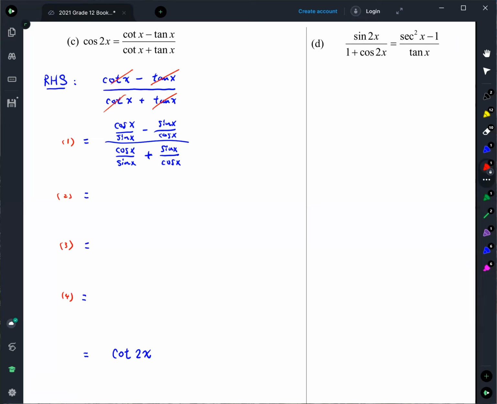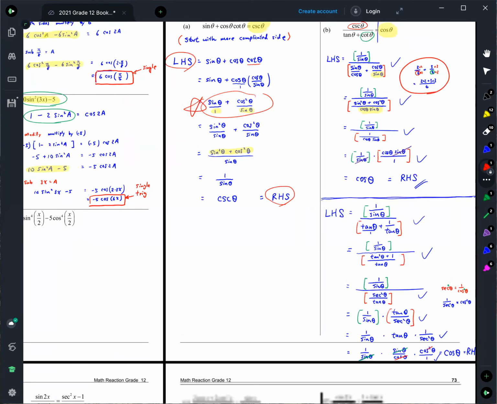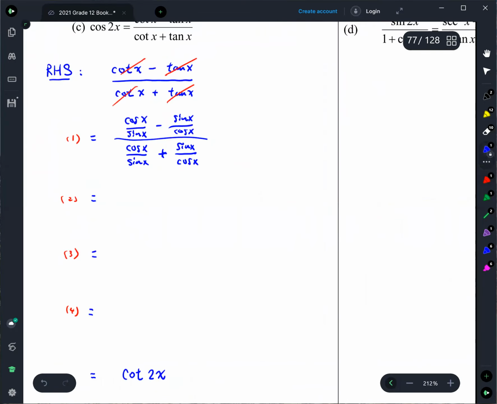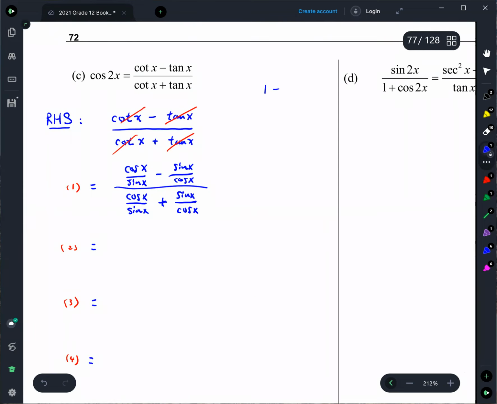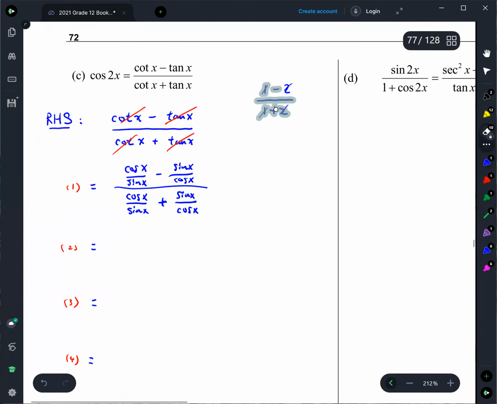If there's an add and subtract, if you want to cancel, you have to cancel the whole thing together, only if they are the same. If you're not sure whether we can cancel or not, think about this example: 1 minus 2 over 1 plus 2. Can I just cancel out everything? It won't work like that. So remember, do not do any canceling now.